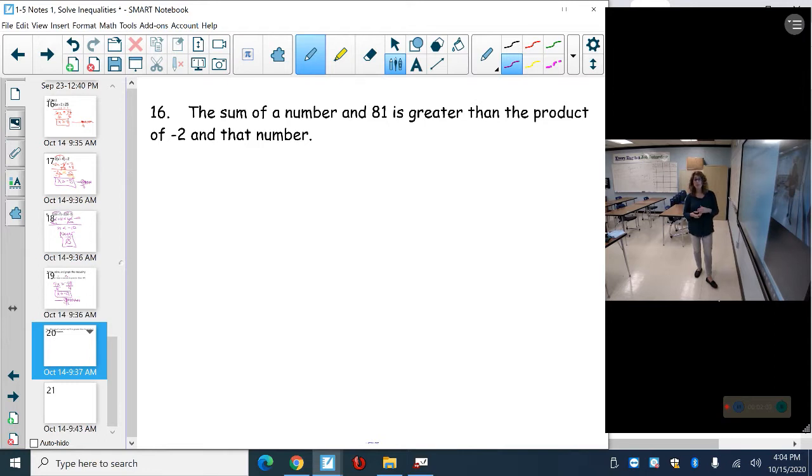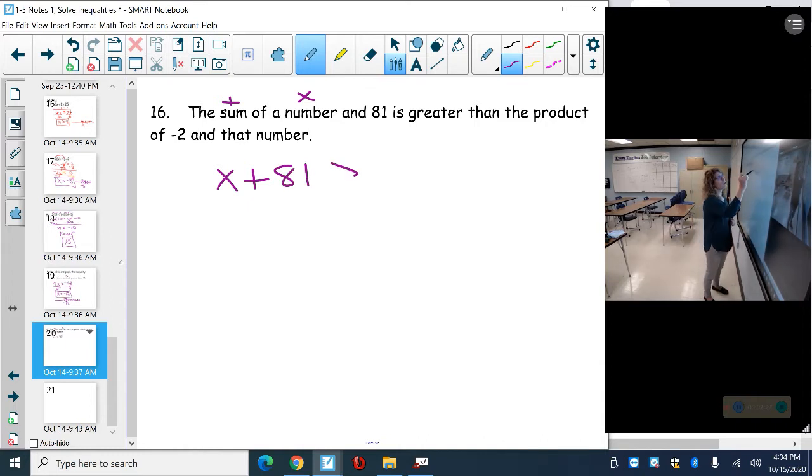Last one, same exact instructions. The sum means plus of a number, I don't know what the number is, so it's x, and 81. So I'm adding x and 81 together, is greater than, so strictly greater than, the product of negative 2. Product means multiplication of negative 2 and that number, which is going to be x.